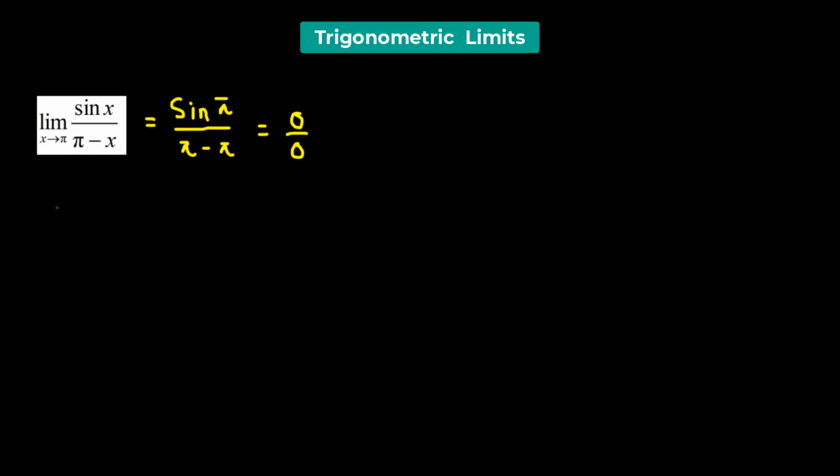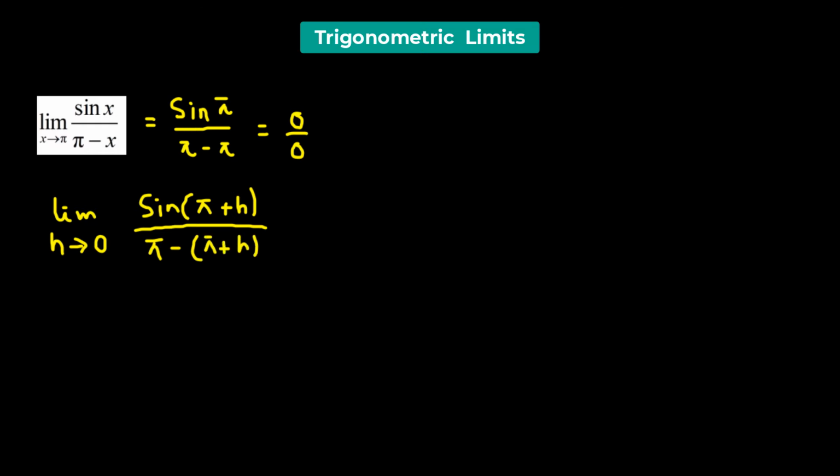Now what we're going to do, we're going to change the limit from x to h. So we have limit h approaching 0, then x will get replaced by pi plus h divided by pi minus x, where x gets replaced by pi plus h.